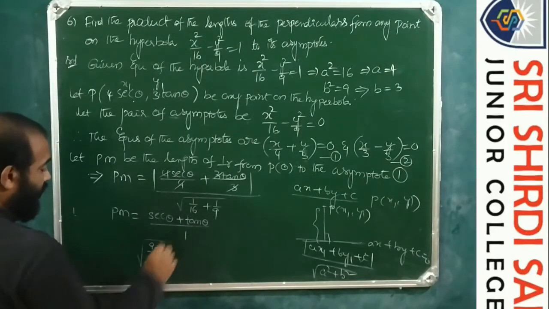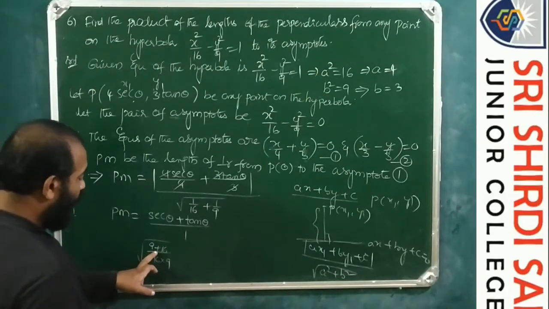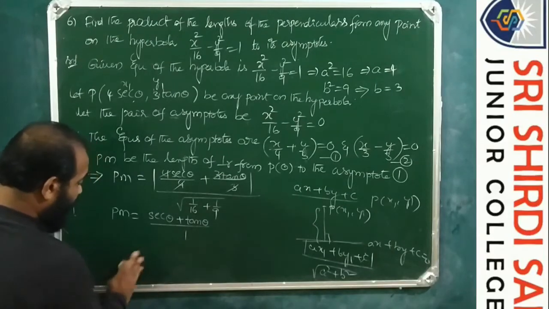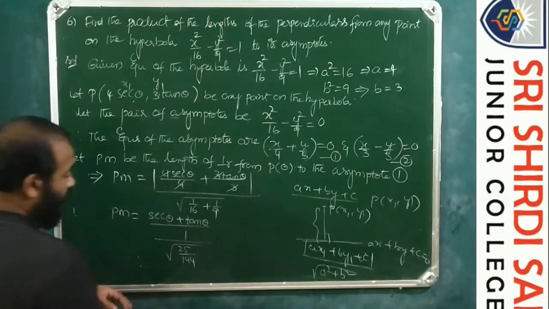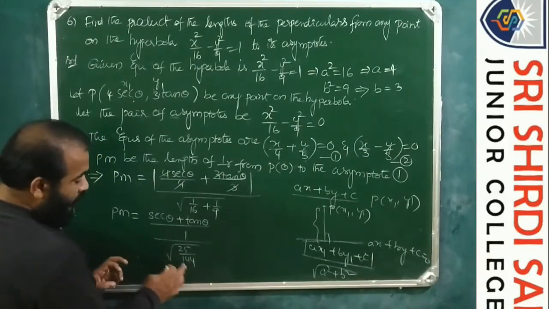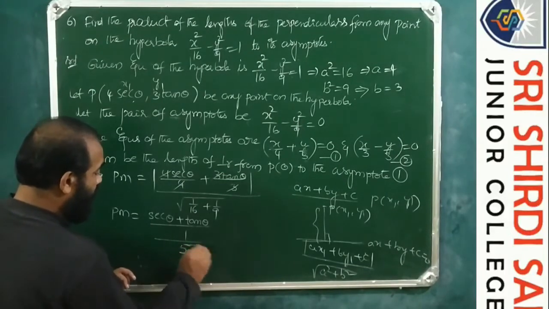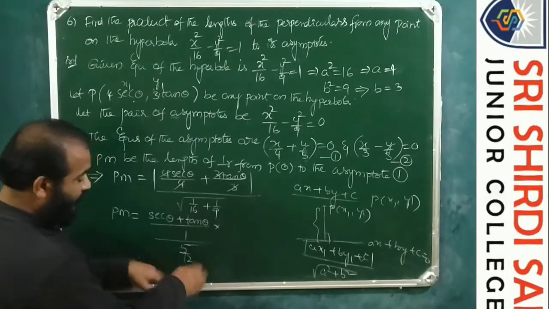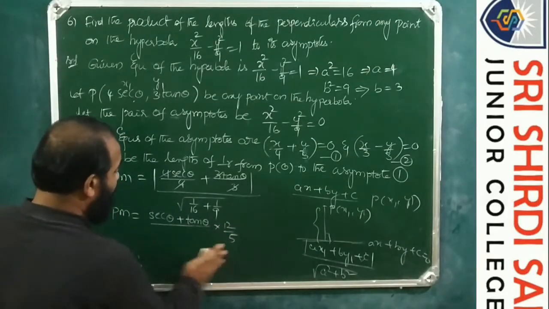So 9 plus 16 is 25, root 25 by 9 into 16 is 144. So this is root 25 by root 144, which is 5 by 12. The fraction would be reversed, 12 by 5. So this is what we have got.